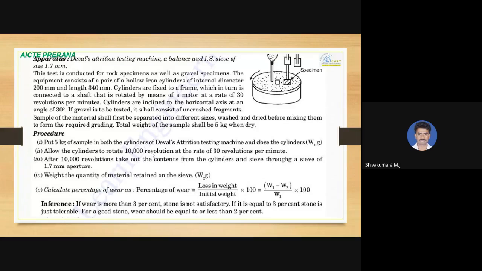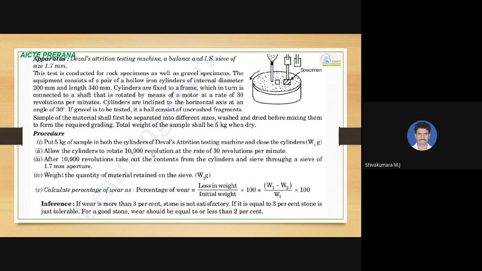A sample of material shall first be separated into different sizes, and those should be washed and then dried before mixing them to form the required grading.